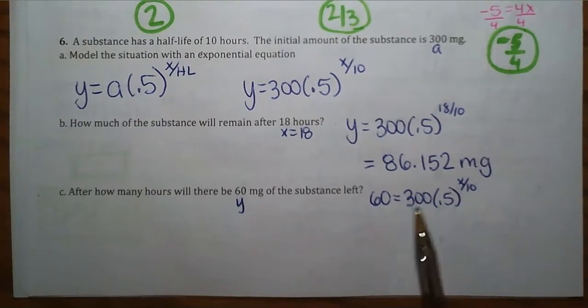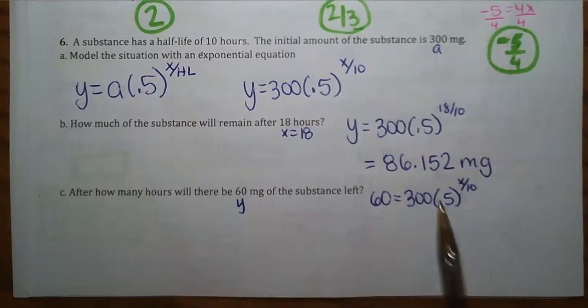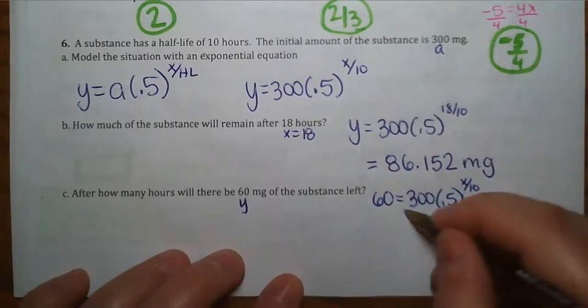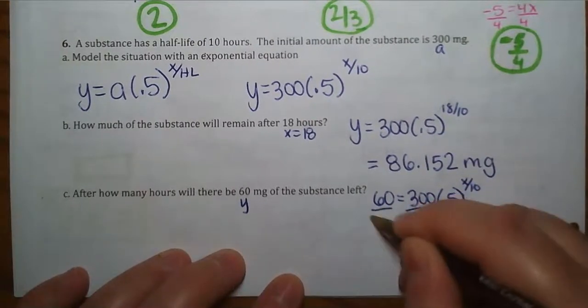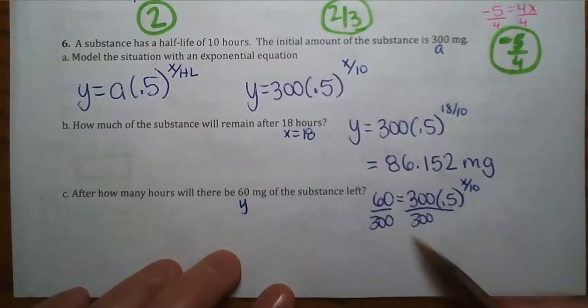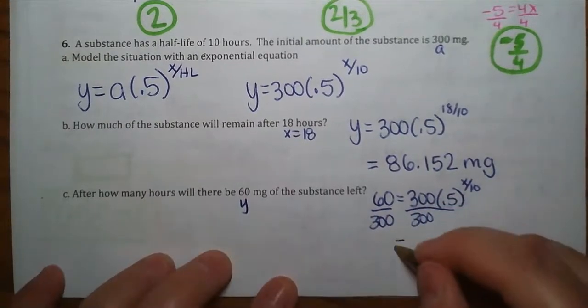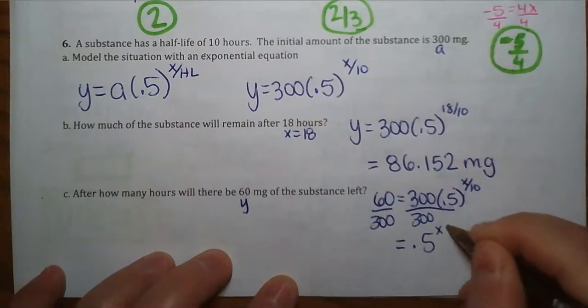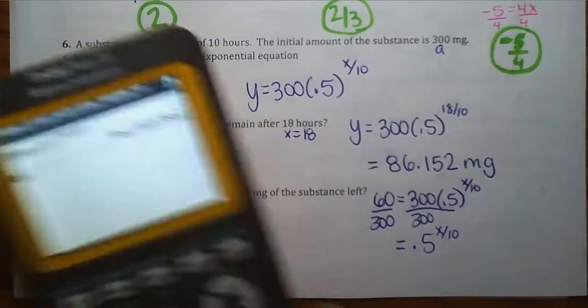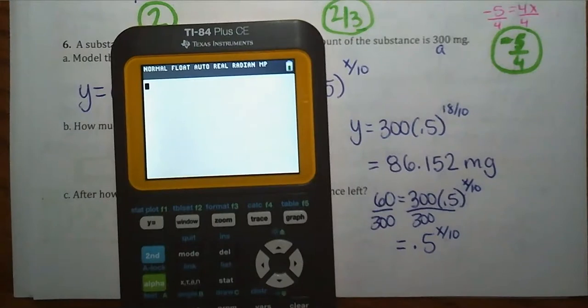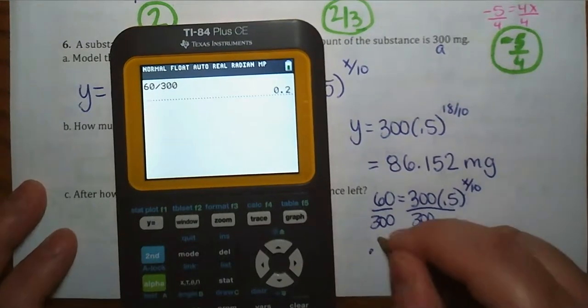I've got the 300. That's the only thing not being taken to the power, so we need to start out by getting rid of the 300. Now in that particular case, if it's a nice number, you can reduce it. You don't have to. You can leave that as 60 over 300, but you can reduce that. That's actually going to be 0.2.